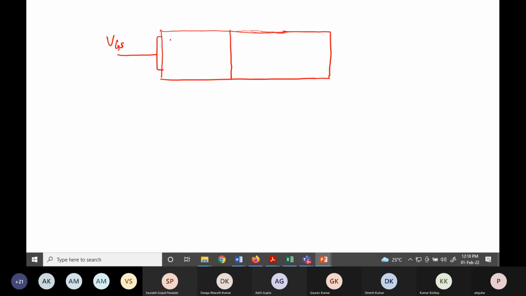Now, when we didn't apply any voltage, there will be a depletion region because of this Schottky junction.